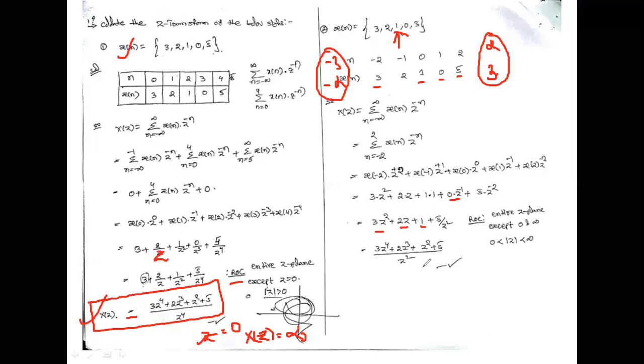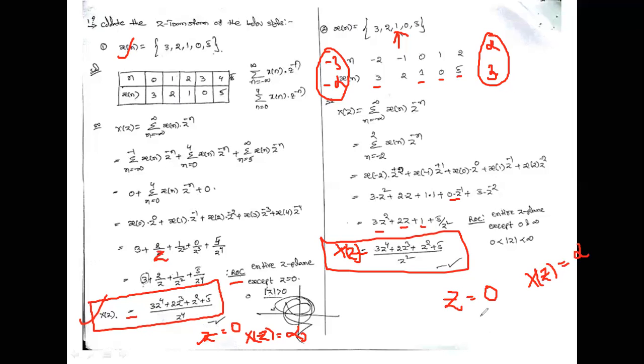Take the LCM here to get the X of z, with 1 by z square. Now we can substitute z is equal to 0. Z is equal to 0 here, and the entire function becomes infinite. X of z is equal to infinite.